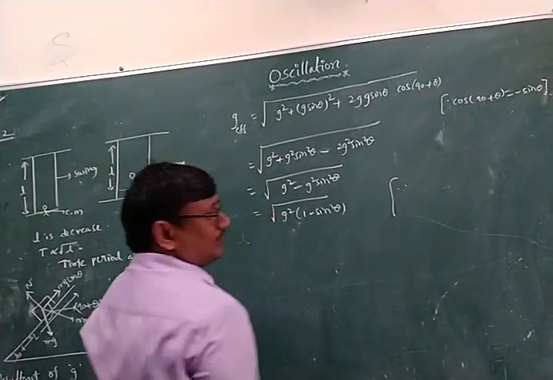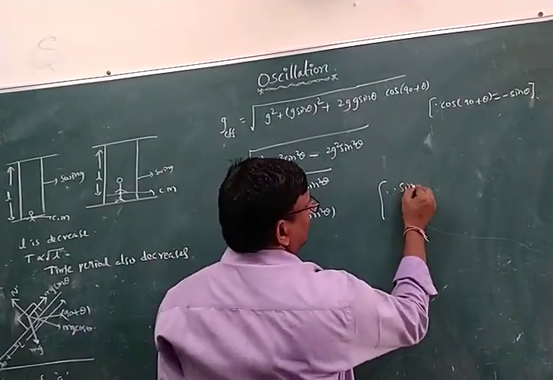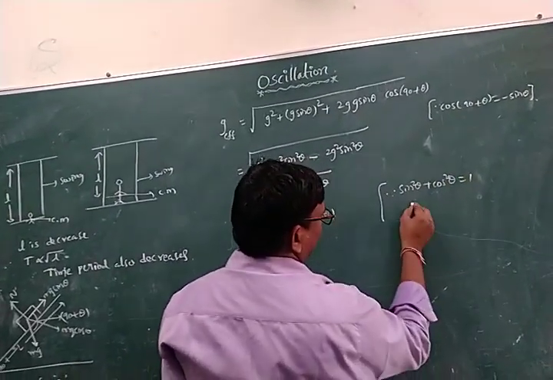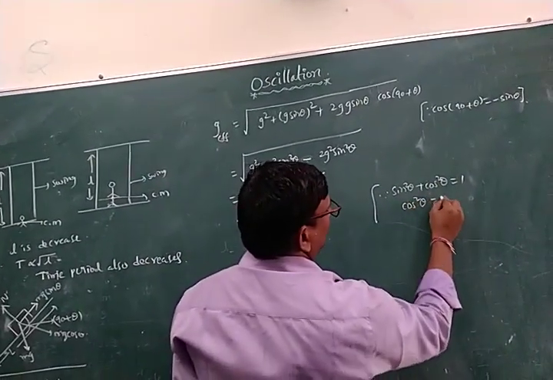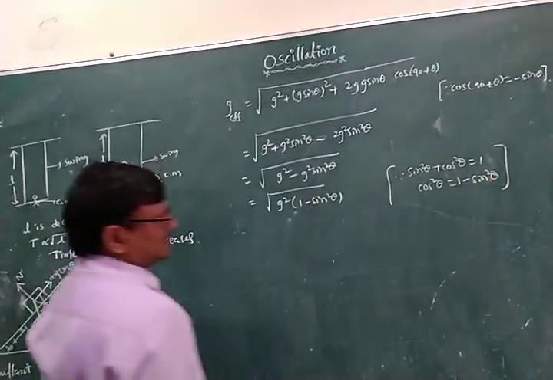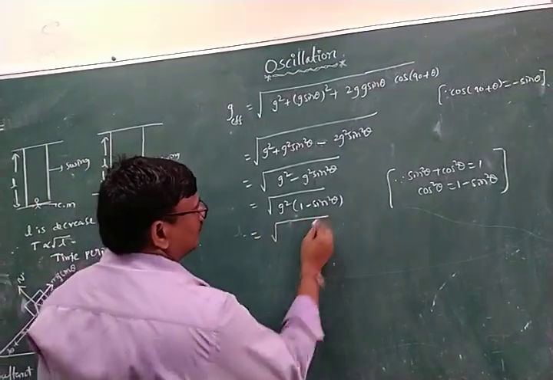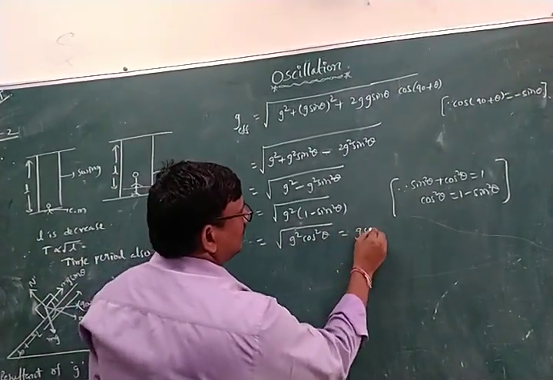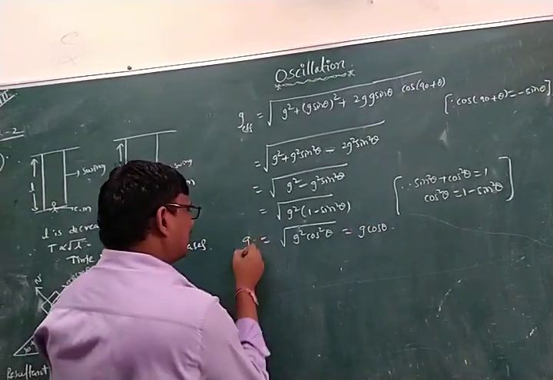We know the trigonometric formula sin square theta plus cos square theta is equal to 1, so cos square theta is equal to 1 minus sin square theta. Now we substitute: the square root of g square cos square theta is equal to g cos theta. This is g effective.